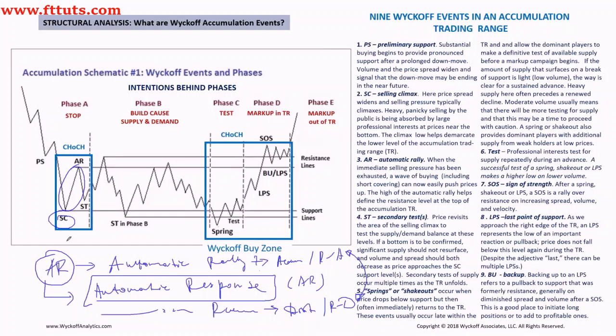So what would constitute a technical rally for us? A technical rally is something that happens just because there is a closing of positions in the direction of the previous buys. So we had a downtrend, and a lot of professional traders were short in this market. And then once they see that the conditions are changing at the bottom of the selling climax, what do they do? They close their positions.